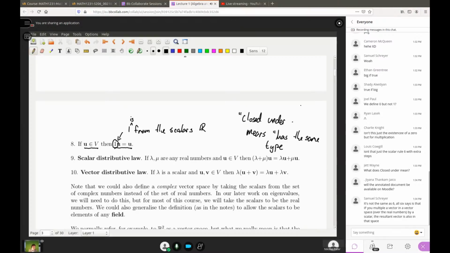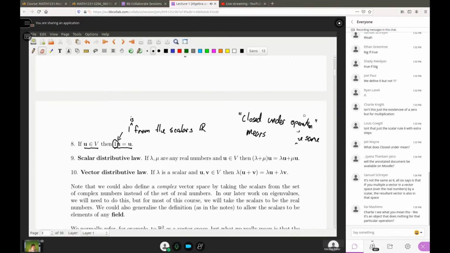Closed under operation means the result of that operation has the same type as the inputs. There. That's a better way of saying it.